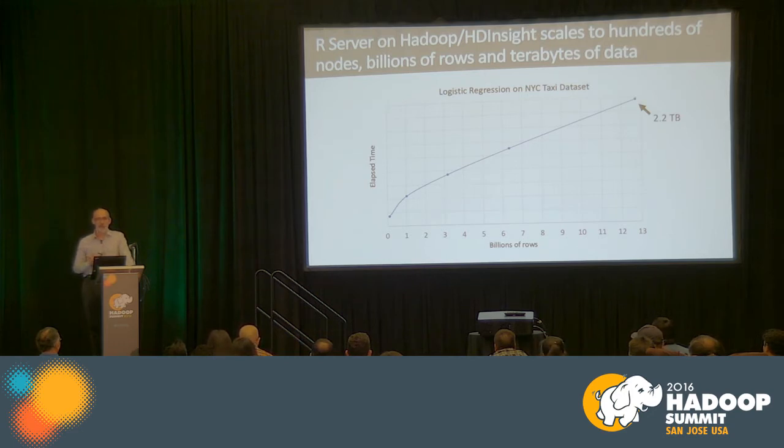We're using that logistic regression function I showed earlier, the RxLogit function, and we're applying it to a public data set, the New York City taxi data set. We're showing how we've plotted billions of rows on the horizontal axis and elapsed time on the vertical axis. And you can see a linear scaling of time as we increase the number of rows. We did it out to 2.2 terabytes, but there's no reason why you have to stop there.